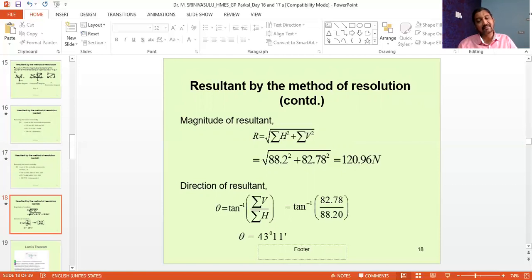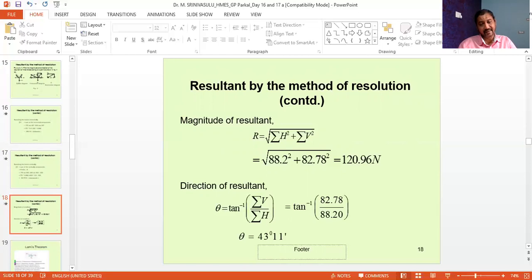Here one thing is important. Either we can take the negative value or the positive value. The square of the value will become positive anyhow. So it does not matter whether we take the positive or negative value, because the square of either a positive or negative value is only positive.